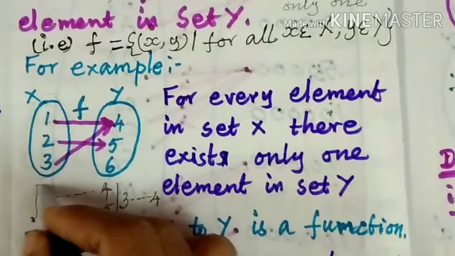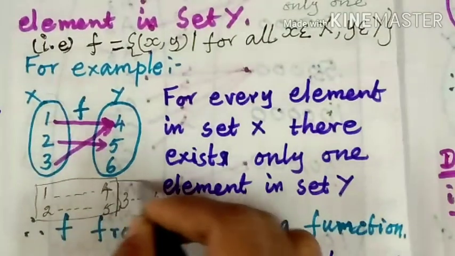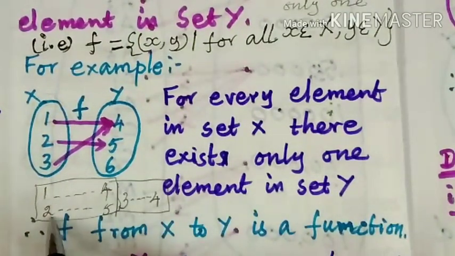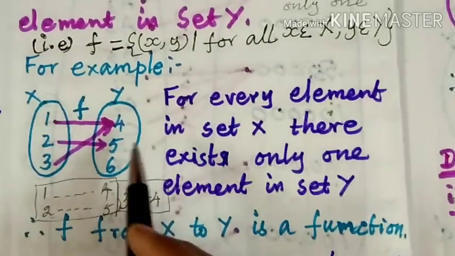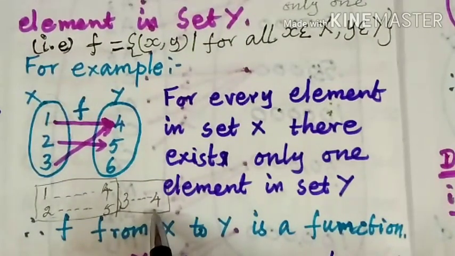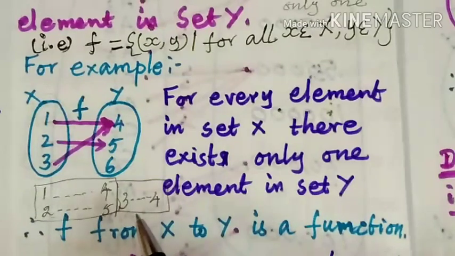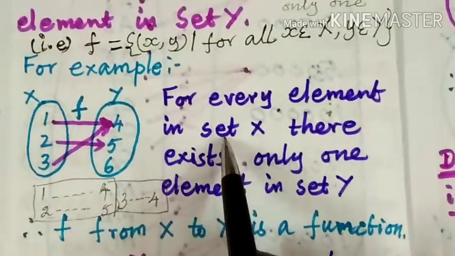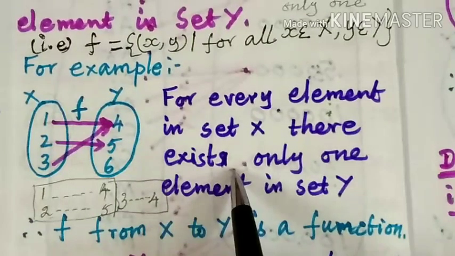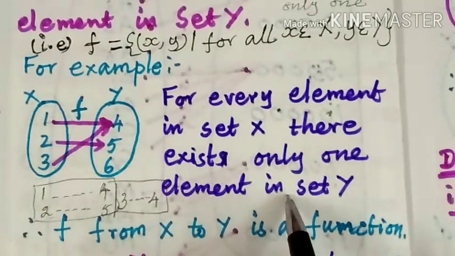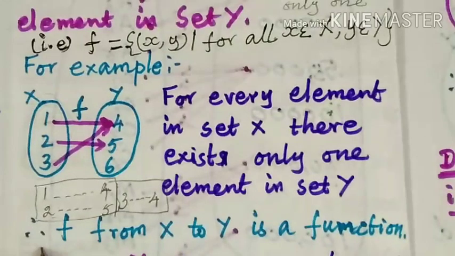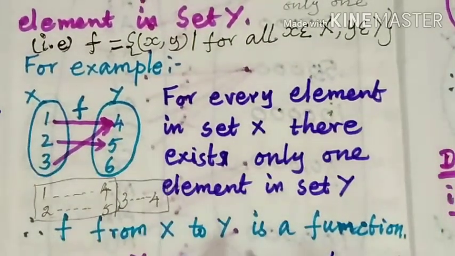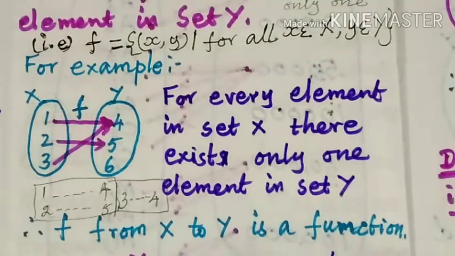All the elements in set X, that is 1, 2, 3, are associated with only one element in set Y. So hence it is a function. For every element in set X there exists only one element in set Y. Therefore f from X to Y is a function.